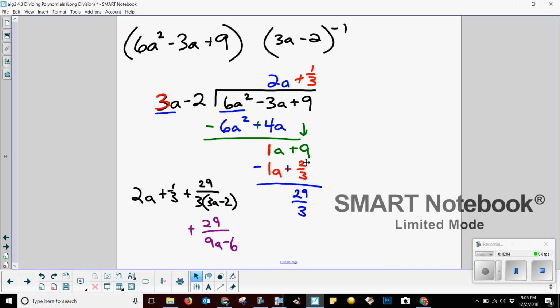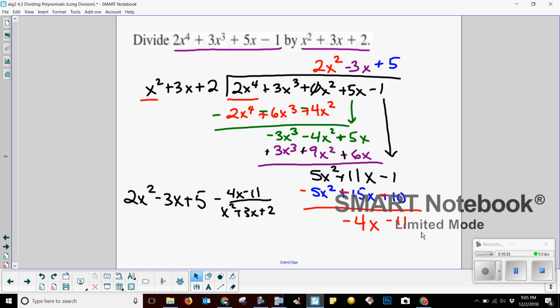Distribute it back, we get this lovely fraction remainder. Wow, okay, so that's where this comes from. My answer is 2a plus 1/3 plus 29 over 3 times the 3a minus 2. Remember, what we are dividing by goes down there. Distribute. So our 9a minus 6 would actually be the bottom of my remainder.